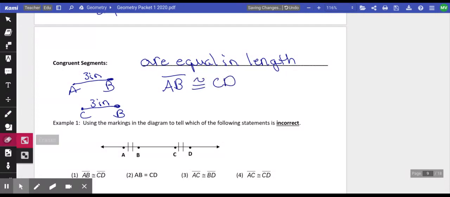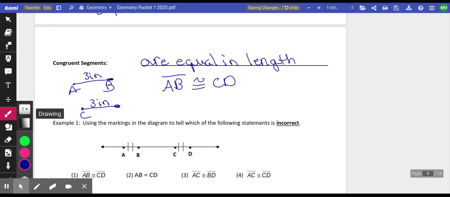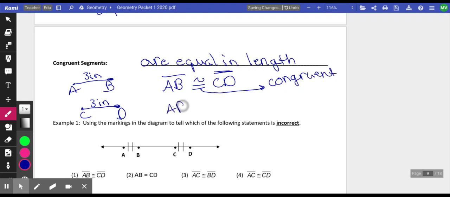Oops, I wrote B when I meant D over here. So this symbol right here is our congruent symbol. And when we say 2 segments are congruent, that means they're equal. So AB equals CD.